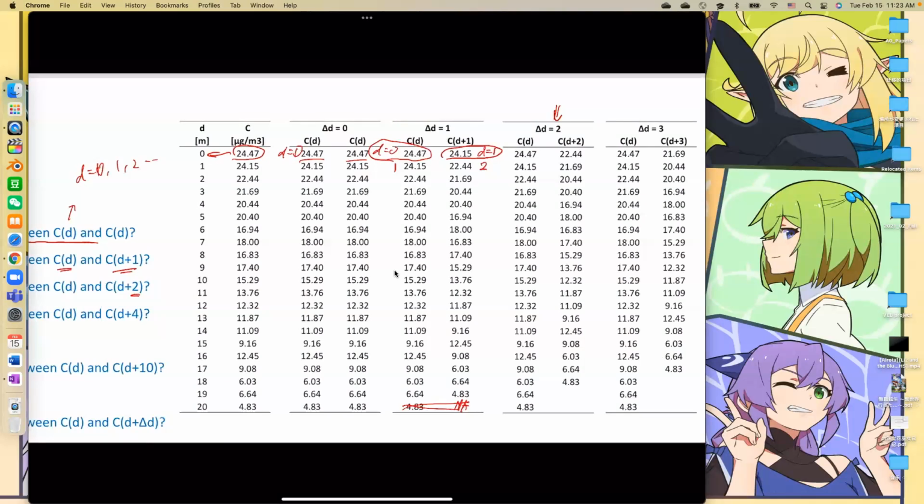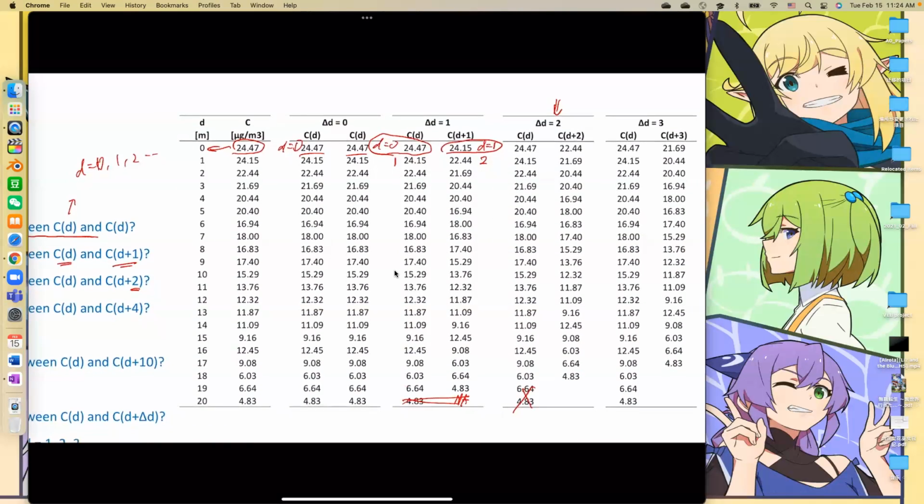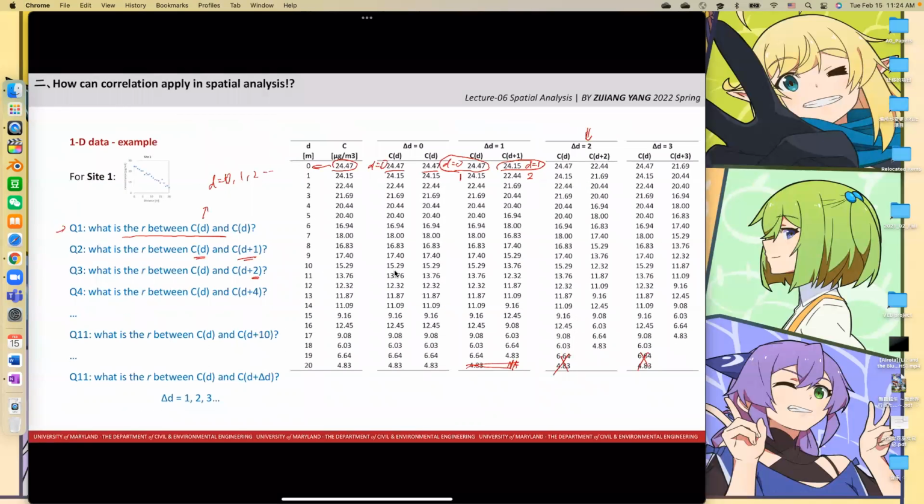Notice that we have 2 empty here, so we just ignore these 2 and we ignore these 3. So we can calculate C(D) and C(D+10), and also C(D) and C(D+delta D), where delta D can be 1, 2, 3 or any other number.